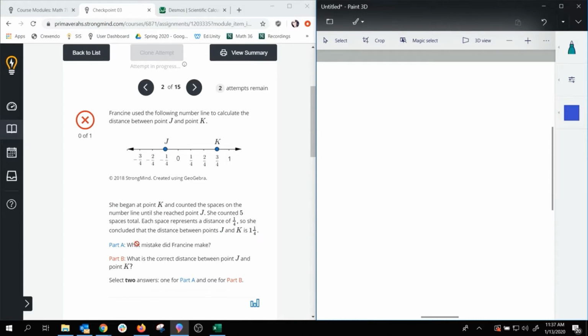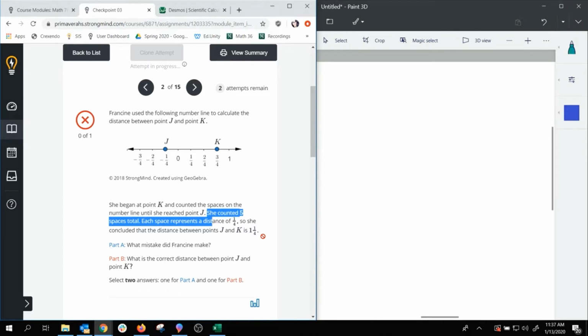Part A wants to know what mistake did Francine make? Well, if I look at this number line here, I'm going back 1, 2, 3, 4 spaces. How many spaces did it say that Francine counted? It's 4 spaces, not 5. Perfect.